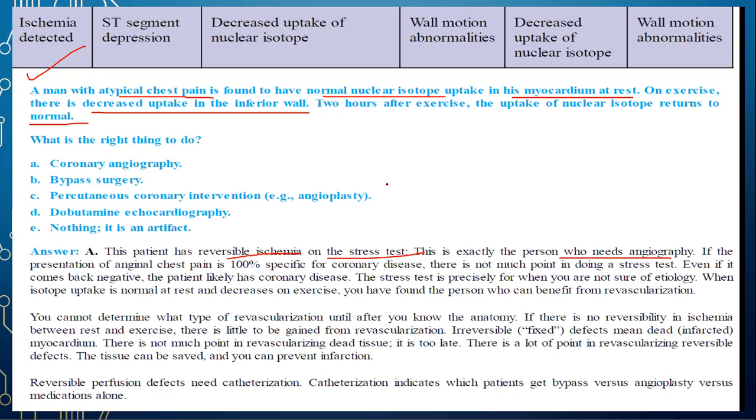Now, when you do the angiography, it may show that this patient has single vessel disease or triple vessel disease, like 80% stenosis or 50% block in the right coronary artery, or 80% block in the left coronary artery. So it will give you an idea of how much blockage is there in the coronary artery. Based on that, you can offer angioplasty, putting a stent into the coronary artery to keep the vessel patent, or sometimes we might need to go for bypass surgery if the patient has triple vessel disease.